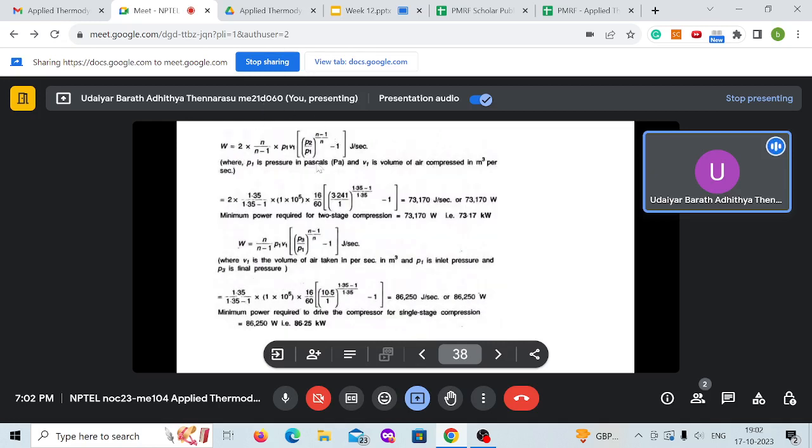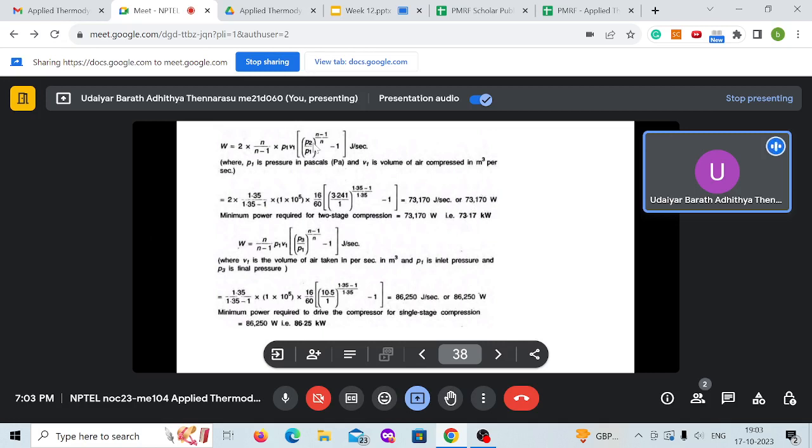So from there we can find out the work done. For a two-stage process it is 2 into the work done in a single stage, n by n minus 1 into P1 V1 into rp raised to power n minus 1 by n, minus 1. Substituting the n value, and P1 and V1, which is given as 16 meter cube per minute, so 16 by 60, we'll find that the work done is 73.17 kilowatt.